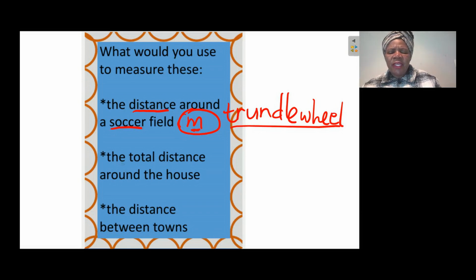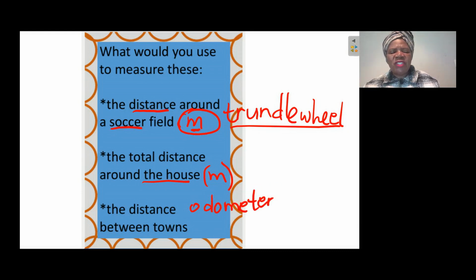Then the total distance around a house: you can use the Trundle wheel or a meter stick, and calculate the total distance in meters. Then the distance between towns: you can use an odometer, because you have to be traveling.